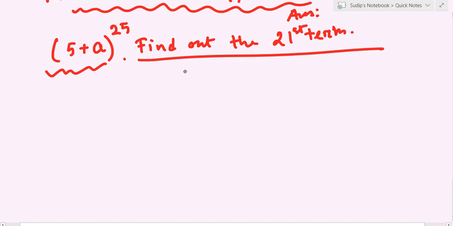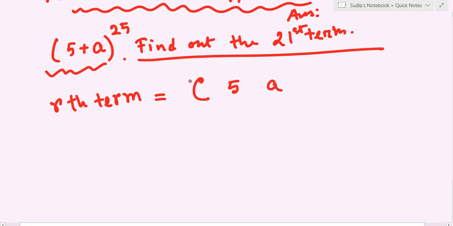So what you will do is, you know that we will write the rth term. The rth term is equal to, here will be a C and there will be 5 and there will be an a.